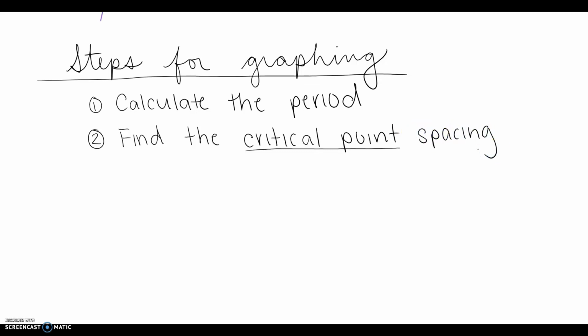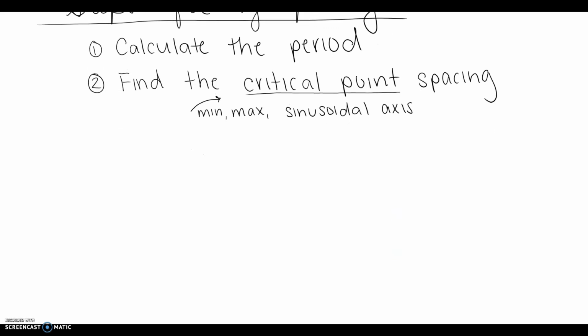That's going to be the min-max, or the points that are at the min, the max, and the sinusoidal axis. Make sure you write either sinusoidal or the midline so that you don't confuse it with the x or y axis.